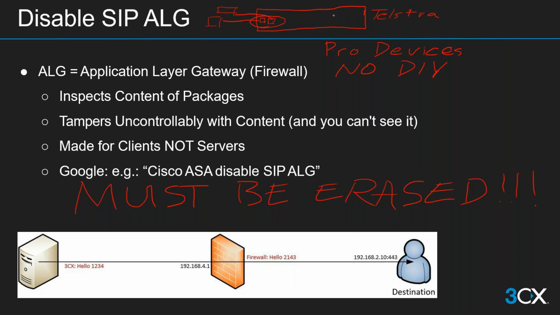That's correct. That's fine on these devices because clients need to have those devices, but it is not wanted in a business deployment because we do not have an end client here, we have a PBX on our end.